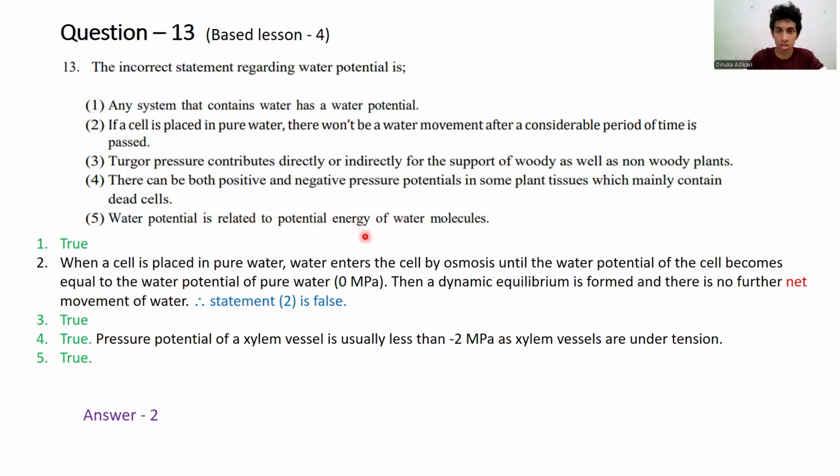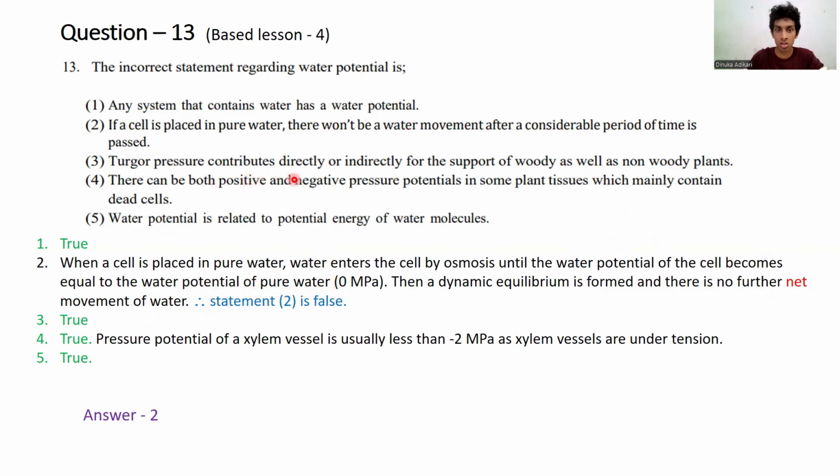Therefore, water enters the cell by osmosis along the water potential gradient until the water potential of the cell becomes equal to the water potential of pure water, that is 0 megapascal. Then a dynamic equilibrium is formed and there is no further net movement of water. So definitely there is a water movement, but there is no net movement of water. Therefore, statement 2 is false.